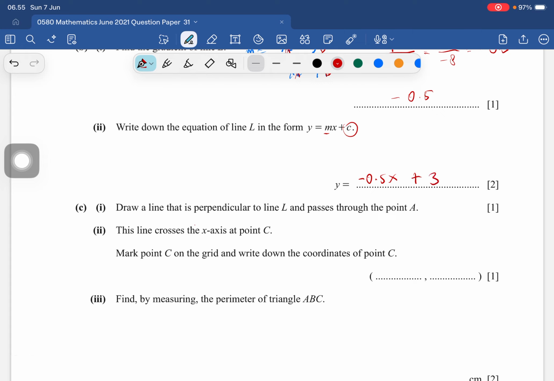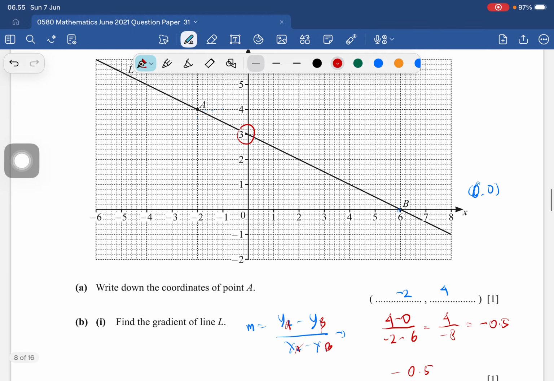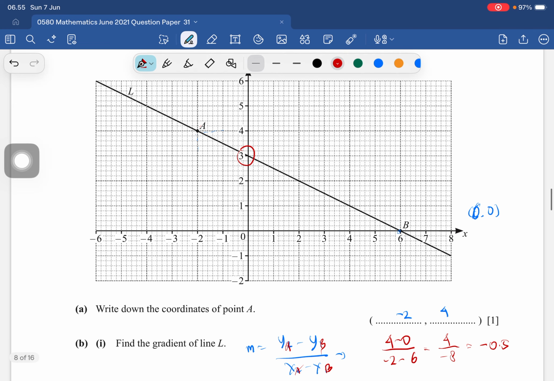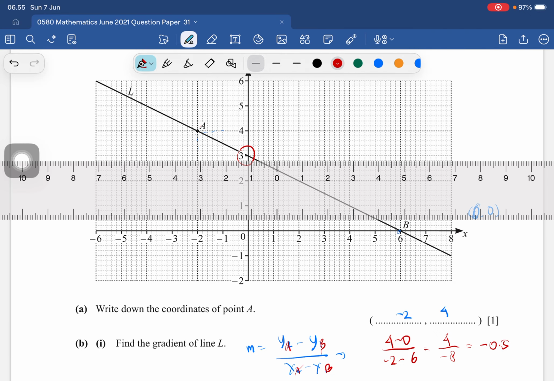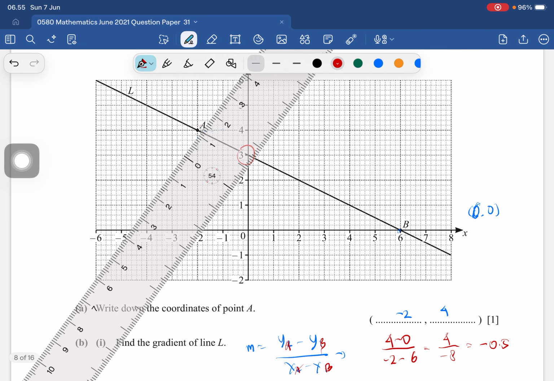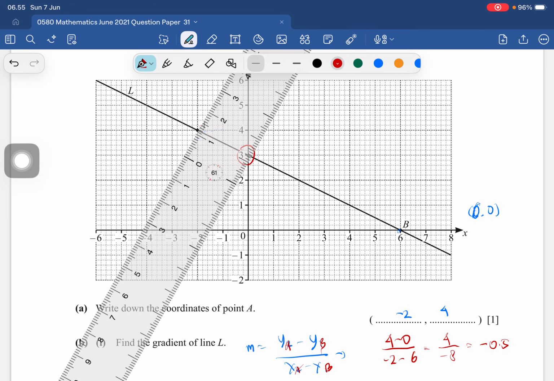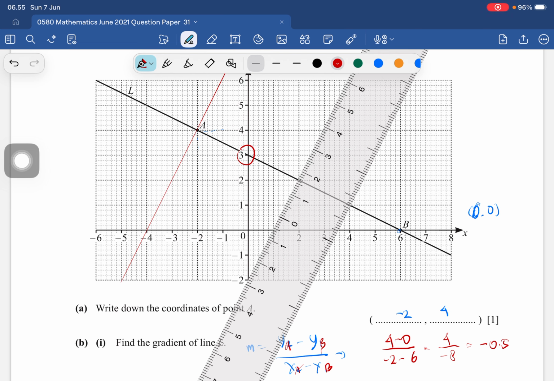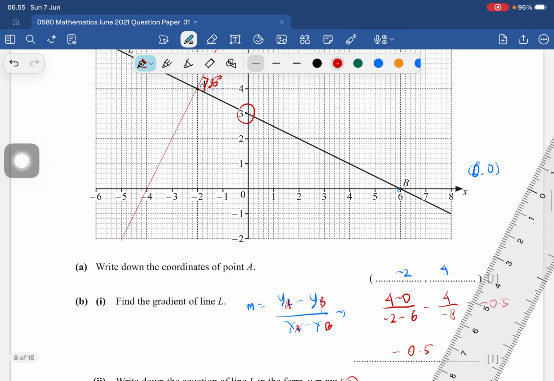Draw a line that is perpendicular to the line L and passes through the point A. We need to make it perpendicular, so it is 90 degrees.